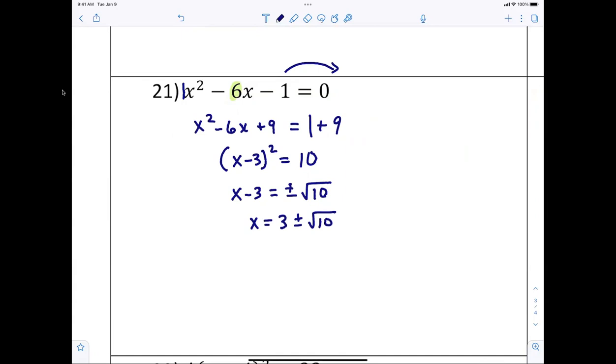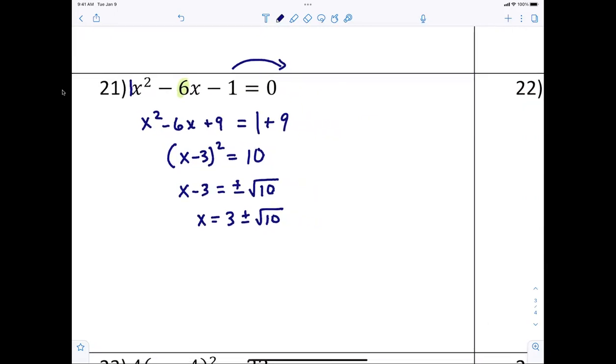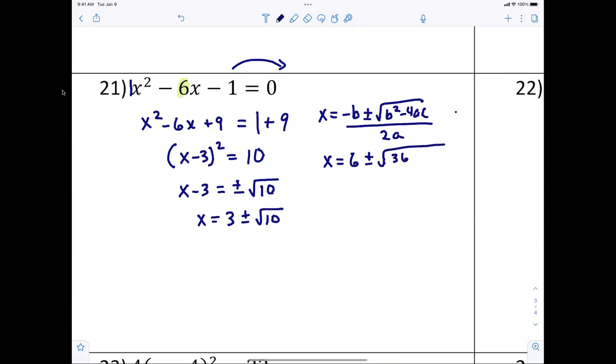You could do the other way, because I just did that, but I didn't get that answer. The quadratic formula. Yeah, I did that. So we have time. Negative b plus or minus square root b squared minus 4ac all over 2a. 6 plus or minus the square root 36 minus 4 times 1 times 1. Yeah, no, the other one's negative.